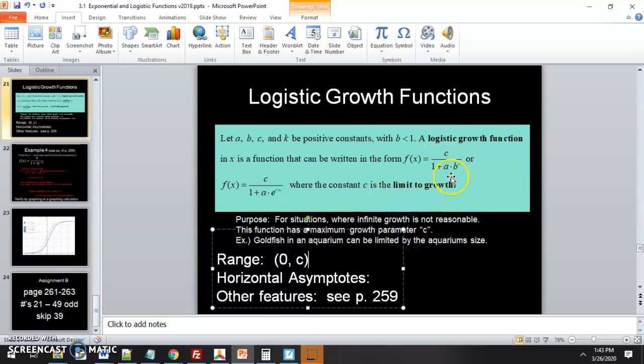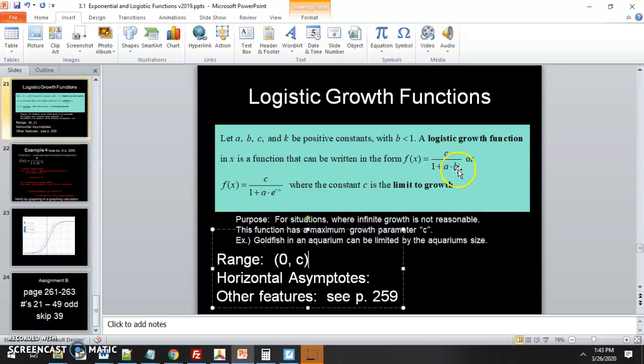All right, now pay attention here. This is for factors where b is less than 1, so that means there's a fractional b here. Or the other way you could do a logistic growth function is if it's e to the negative exponent here, and a negative exponent will cause this to be a fraction.